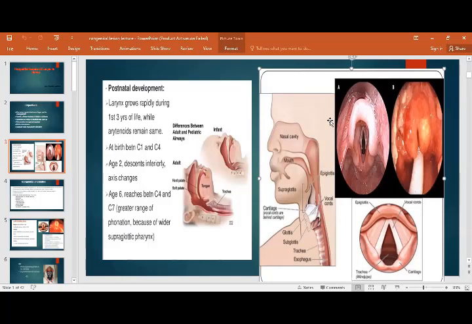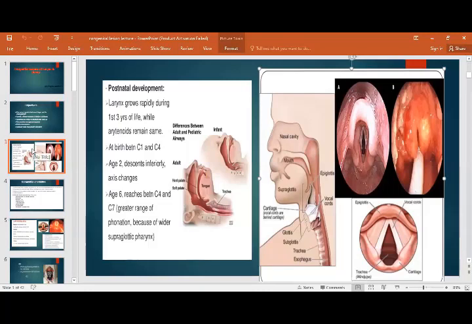The size of the vocal cord, the arytenoid, the aryepiglottic fold, the whole size of the larynx will increase. This will help in phonation, and there is a change of voice later on in adults. So these are the few important differences between adults and children.